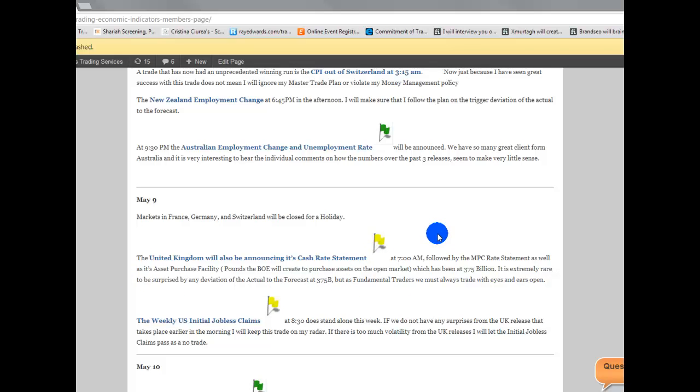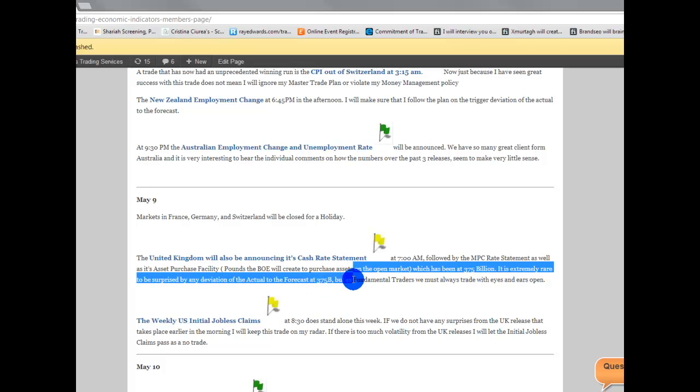I'm not going to be trading them, but you can make your own judgment call for your own account. I might want to trade the US initial jobless claims that will be out tomorrow, because that's looking at the US market, but the UK's cash rate, I'm going to pass on that.